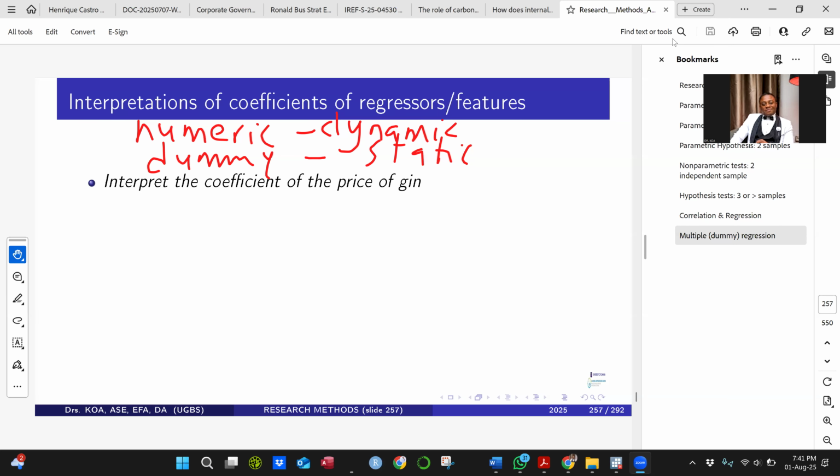Anytime there is a change within the quantity demanded, that change within the quantity demanded has been fully explained by all the independent factors. 99% of those variability or variation have been explained. 99% of the variation within the quantity demanded of brukutu gin bitters has been fully explained by these independent factors, by these predictors. And that is why we believe that this is reliable.